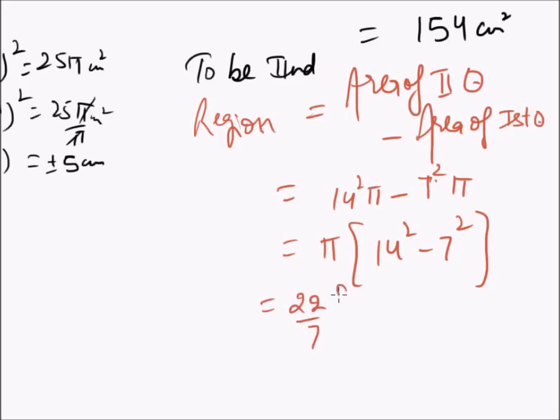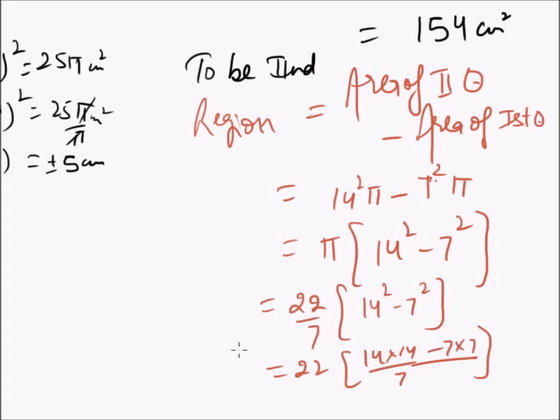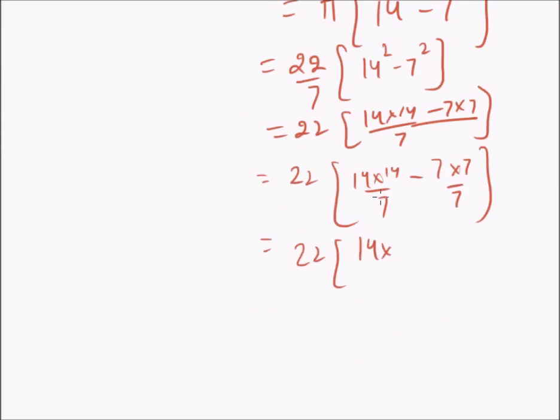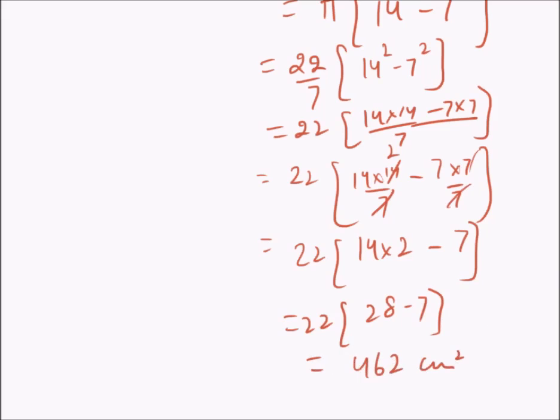So bringing the 7 inside, we have 22 into 14 into 14 over 7 minus 7 into 7 over 7, which gives us 14 into 2, because 14 is the second multiple of 7, and we have 28 minus 7. On calculating, you will find that this value is 462 centimeter square.